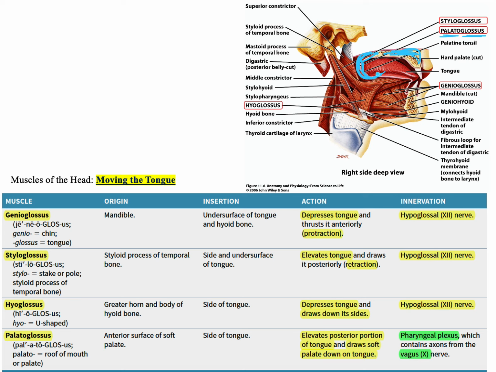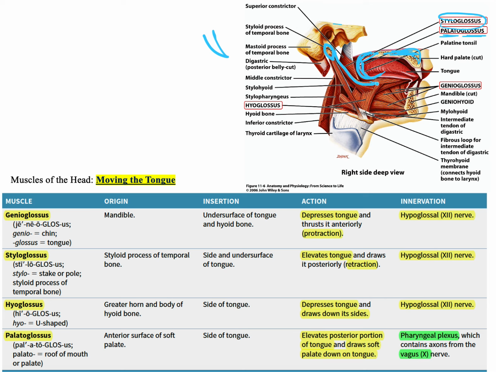What else elevates the tongue? There's the styloglossus. This is the styloid process, and this is the styloglossus muscle. This is the styloid process, guys, of the temporal bone. This is the temporal part of the temporal bone, and this is a styloid process from which a couple of muscles arise, including our muscle that we talk about, the styloglossus muscle.